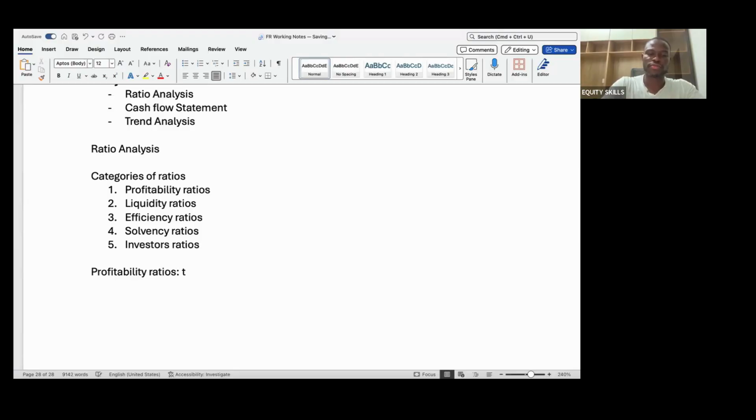The first one is profitability ratios. Majorly, the ratios here help assess the profitability of a company, or let me say, the financial performance of an entity. So which ratios do we have here?